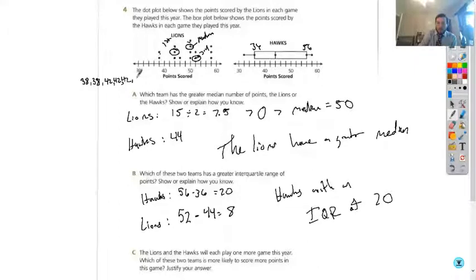Oh, sorry. These are 44s. My apologies, because we're counting by 2. And then 46. Then we have 1, 2, 3, 4 50s. Then two 52s and 3 58s.